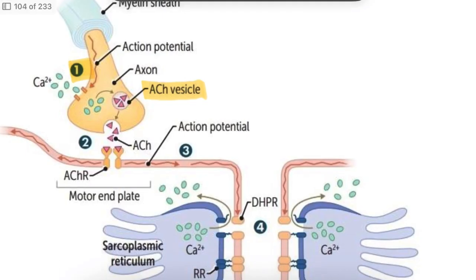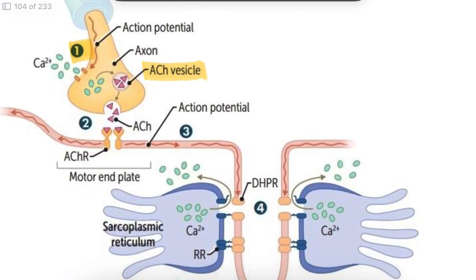When it comes to the second step, this is the synaptic cleft. When calcium influx happens, calcium will push the acetylcholine vesicles, and then the acetylcholine is released in the synaptic cleft at the neuromuscular junction.